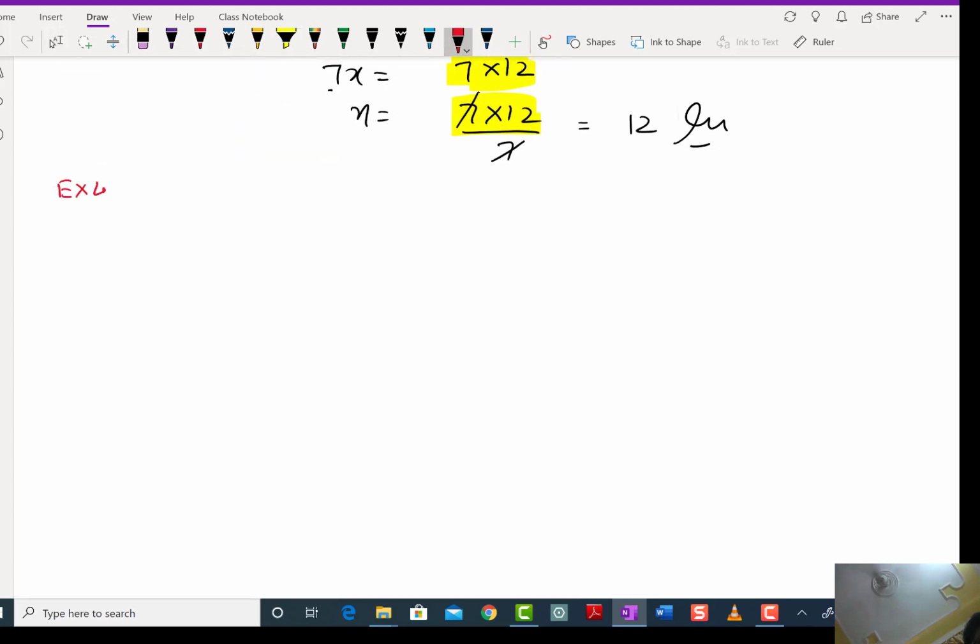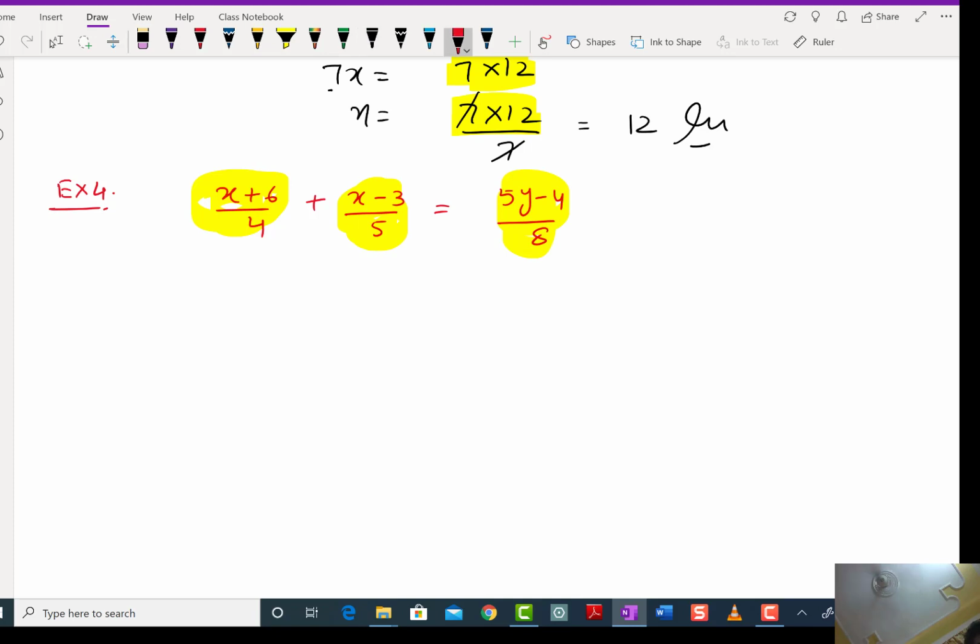Example 4. Example 4 is x plus 6 by 4 plus x minus 3 by 5 is equal to 5y minus 4 by 8. Now we have fractions. This is one fraction, this is one fraction, this is one fraction.